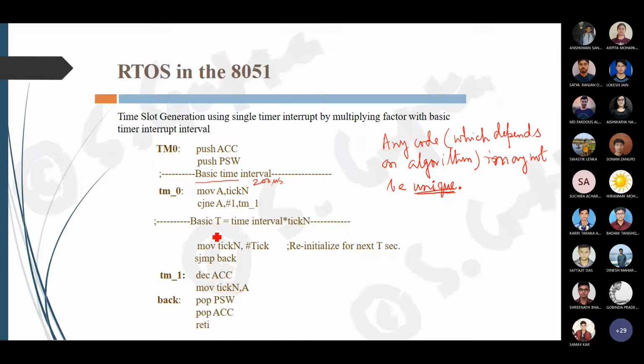Then depending upon this count, we generated, say this was 200 microseconds and then the count was 5. So this is a 1 millisecond time interval, and we can generate multiple such intervals this way. So this is very useful for developing our RTOS, the background one.